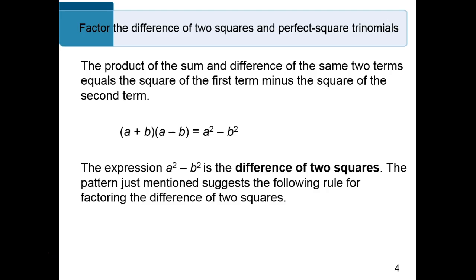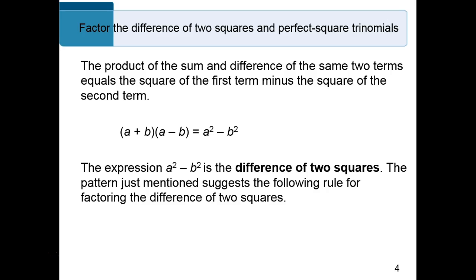What would then be n squared? 0, 1, 4, 9, 16, 25, 36, 49, 64, 81, 100.